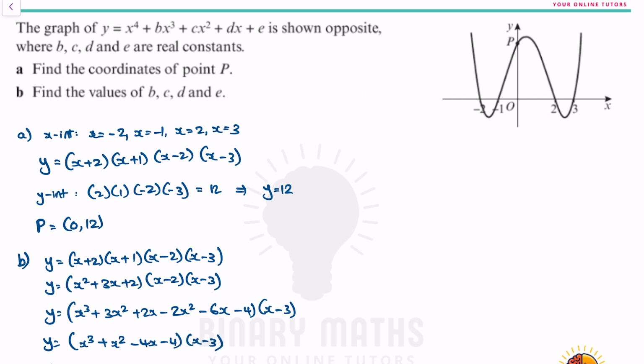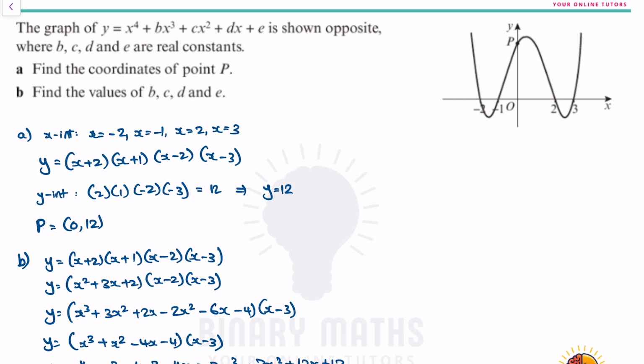If I expand it again, I get y is equal to x to the power of 4 plus x cubed minus 4x squared minus 4x minus 3x cubed minus 3x squared plus 12x plus 12.